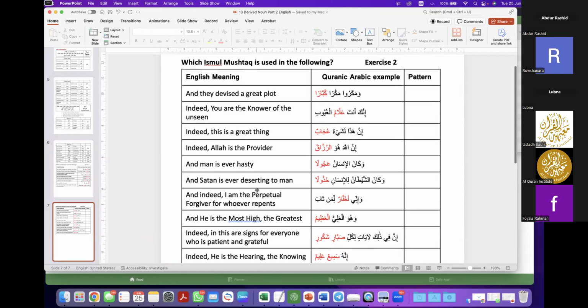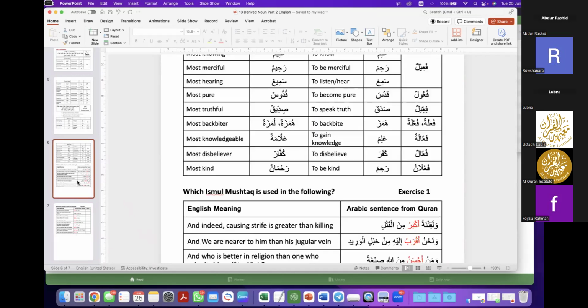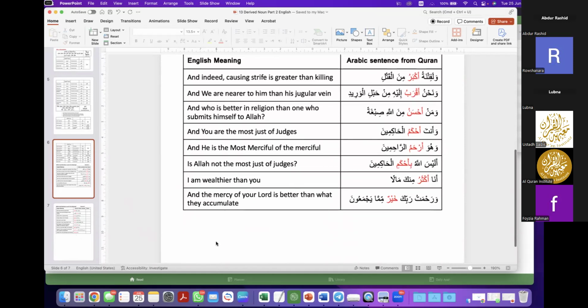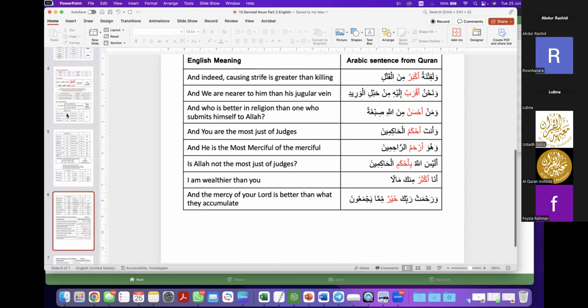Sorry, there's a question I have, Dr. Mahmoud, for the students. For all the examples on that table, they followed the pattern af'alu. But students, this doesn't follow the af'alu pattern. So what's happening here? Can you tell me? Anyone? There's another pattern.